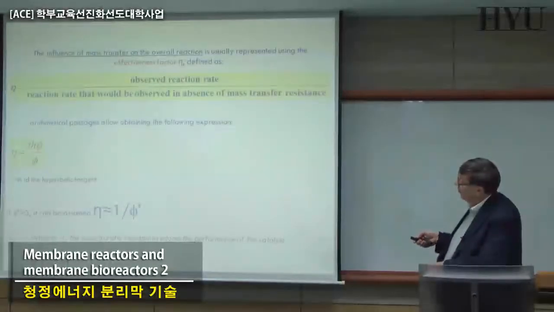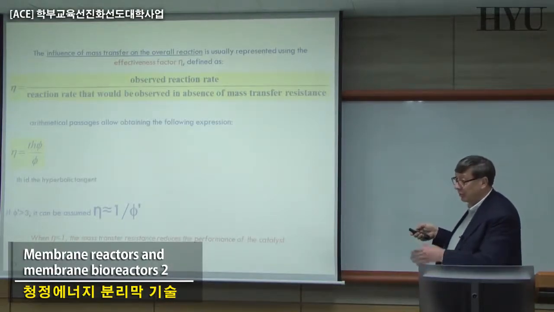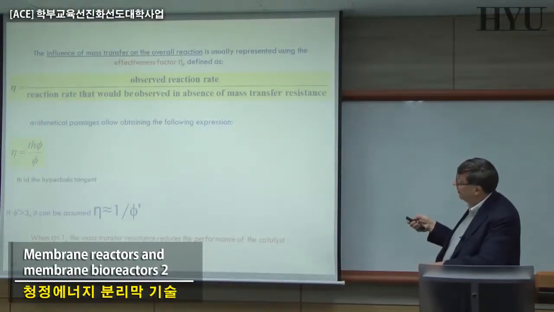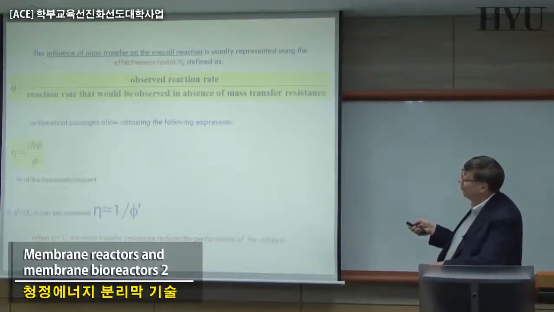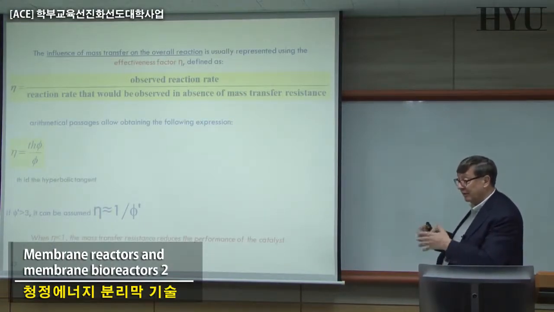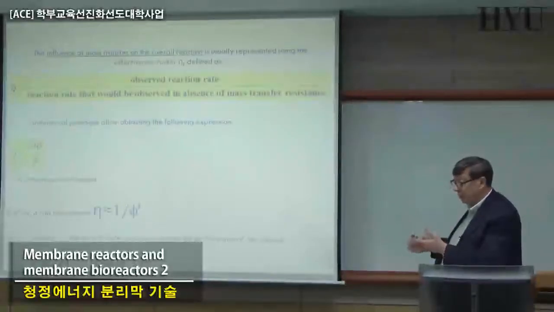And basically, in this kind of situation, you will very often find this effectiveness factor, this term here, that is the observed reaction rate, what you really measure as you follow your reaction, divided by the reaction rate that would be observed in the absence of any mass transfer resistance. The problem is that when you immobilize your catalyst in your membranes, the situation changes.